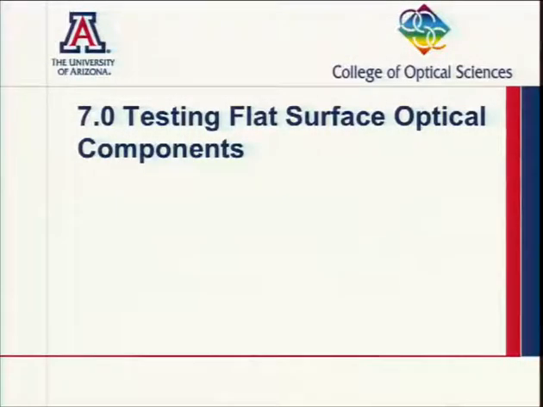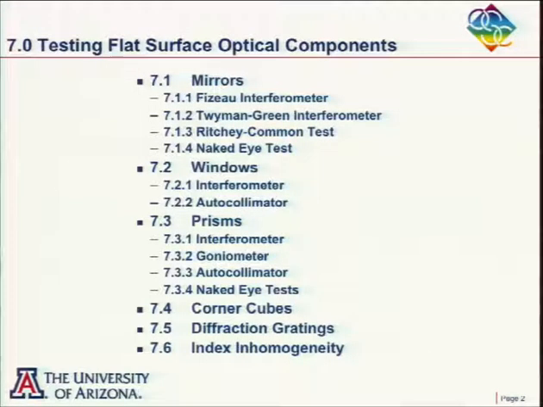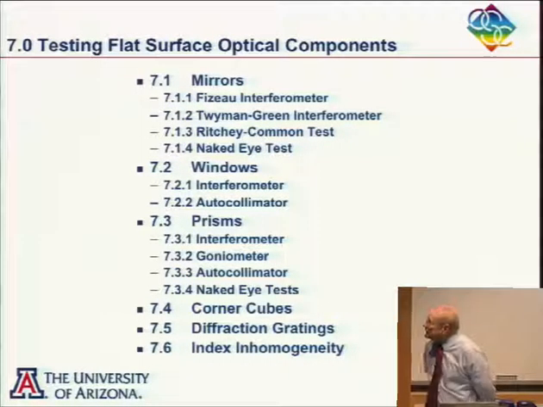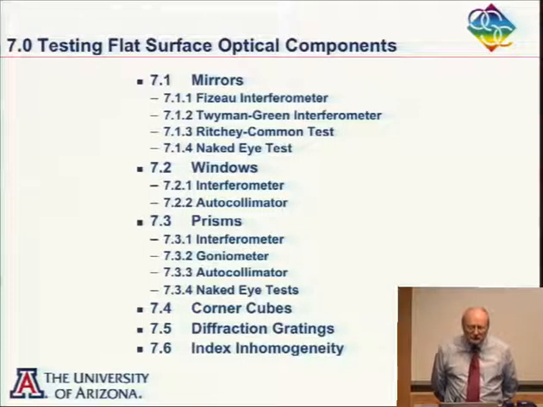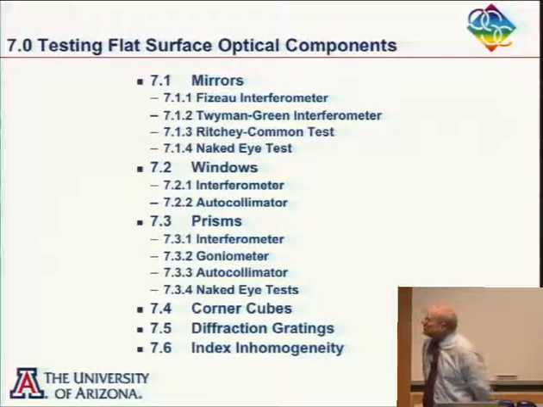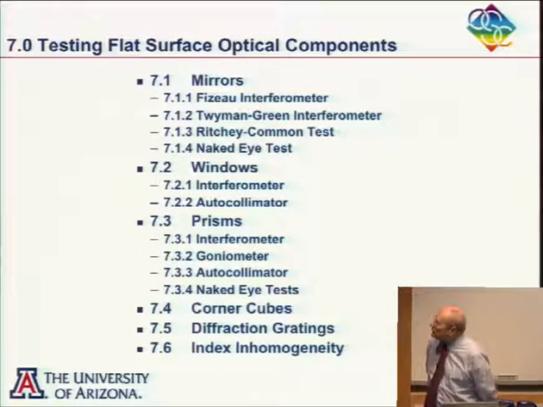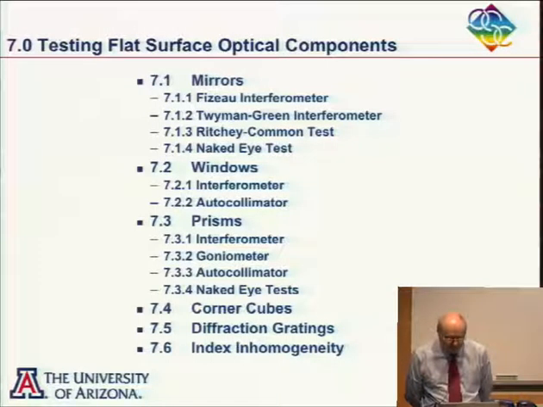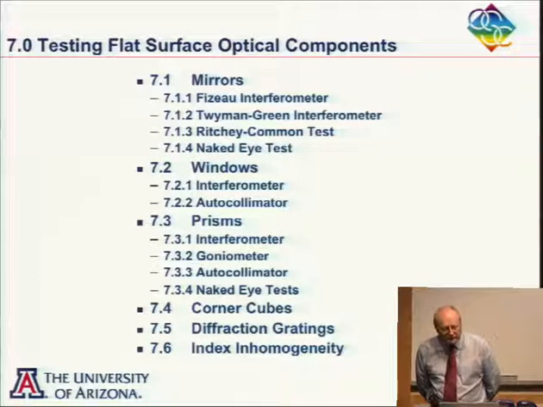So we've talked a little bit about the testing of flat surfaces and mirrors, but we're going to talk a lot more now about the testing of different flat surface optical components. We'll start off by saying just a little bit about Fizeau and Twyman-Green. You're all experts on the Fizeau and Twyman-Green anyway, but I have to say a few words about it.